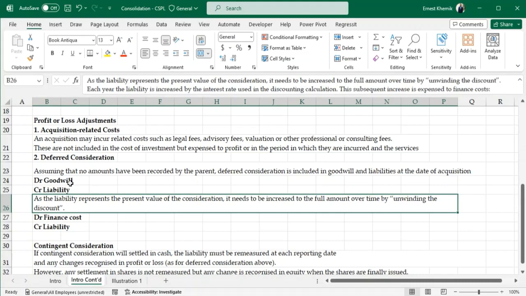Alright, and then this particular unwinding of the discount becomes a finance cost. So this finance cost is going to be debited in the consolidated statement of profit or loss.